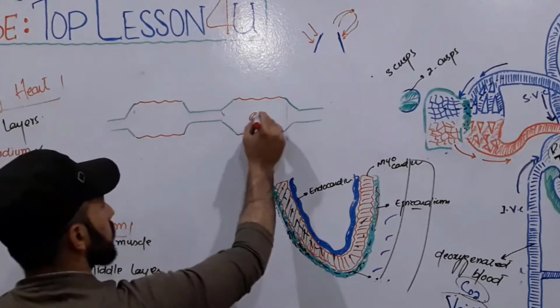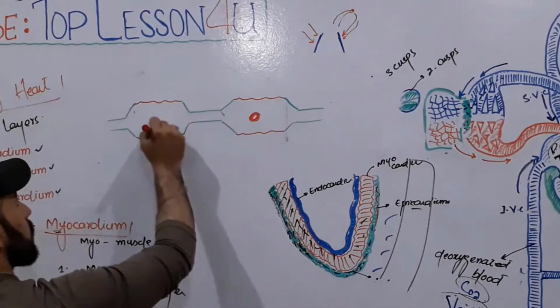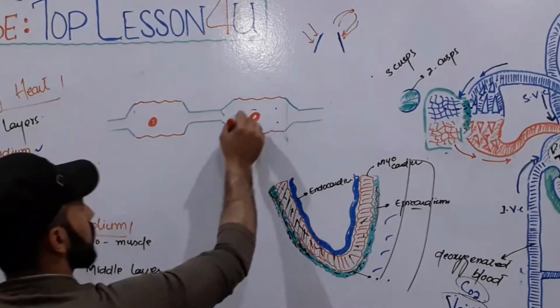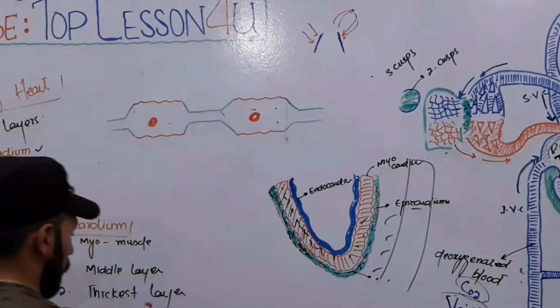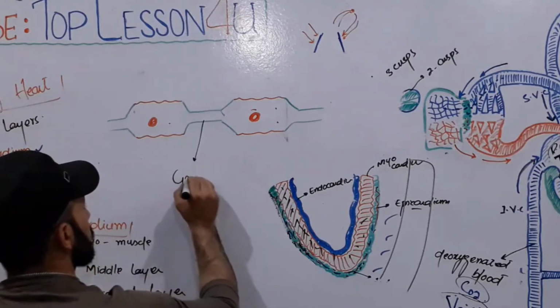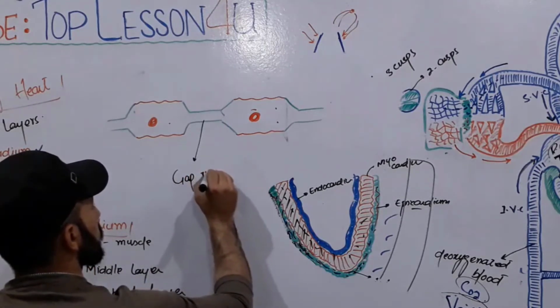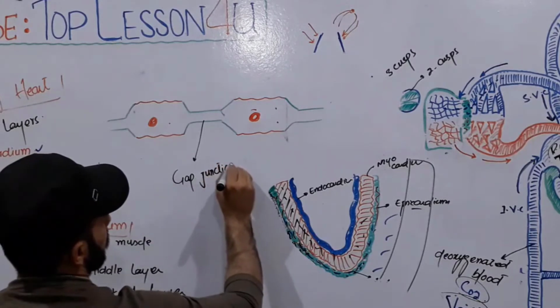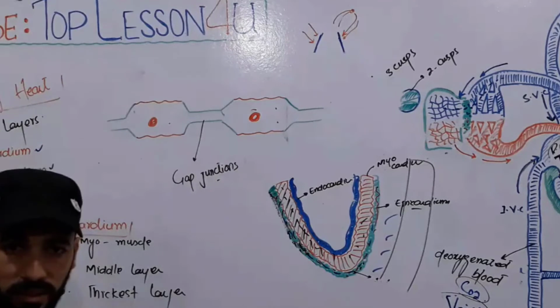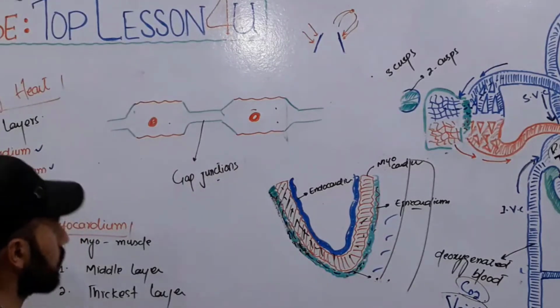These are the cells, and as we know, they are multinucleated, okay? These are called gap junctions, or communicating gaps between the cells, communicating junctions, right?